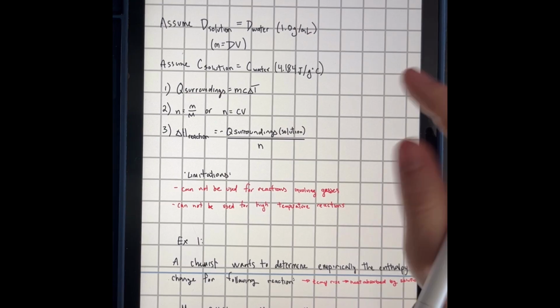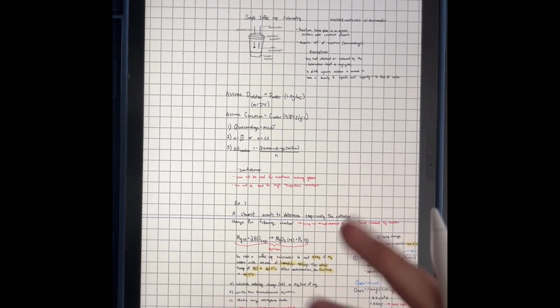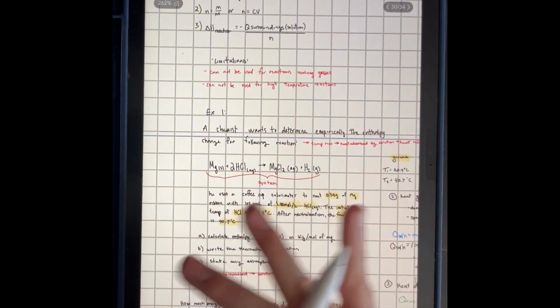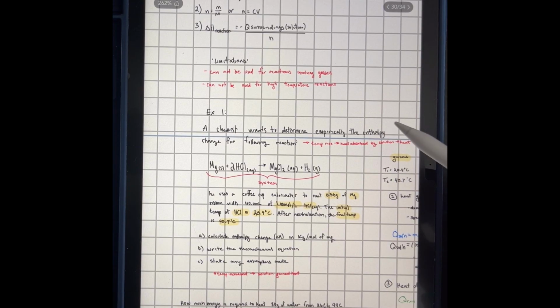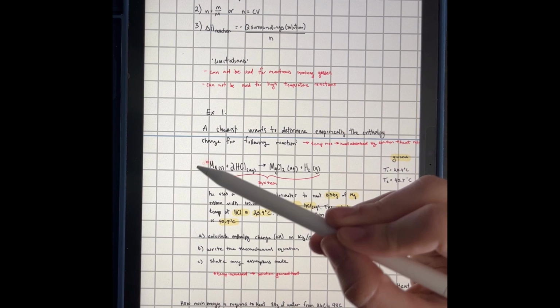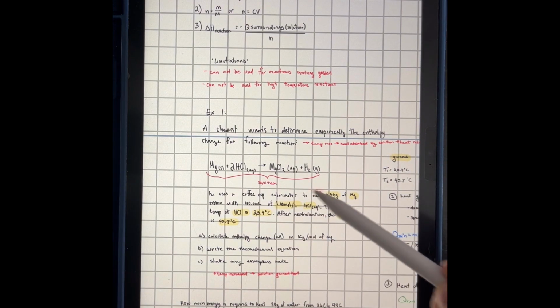Okay. So we have some problems here, and I'll just go through it, and I do think I have a calorimetry one. Yes, I do. Okay, so a chemist wants to determine empirically the enthalpy change for the following reaction. So we want to find delta H of this reaction. This is now our system.